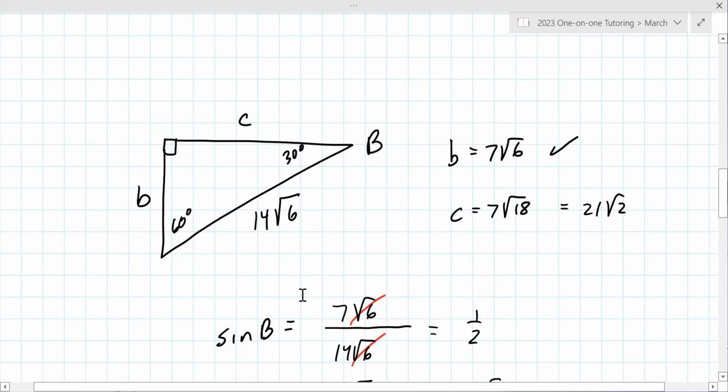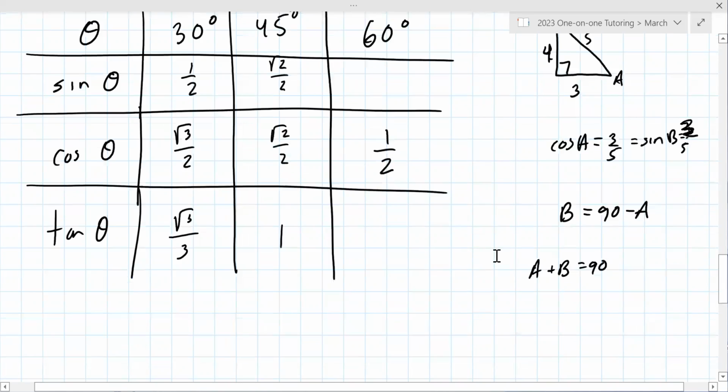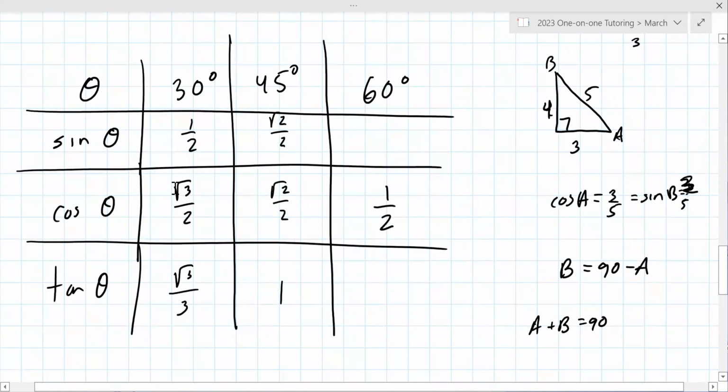So this should be equal to the cosine of A. Cosine of A is 7√6 over 14√6. Is that still 1/2? Yes. Now this is not a proof, but this is me trying to explain it quickly. The cosine of 30 is the sine of 60.